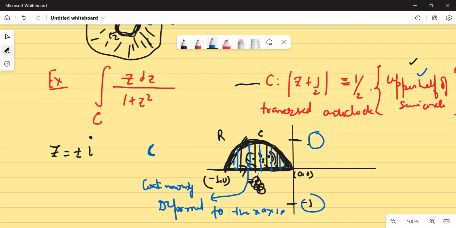They're outside this particular region R. If I have to make R, I have made it in this fashion.